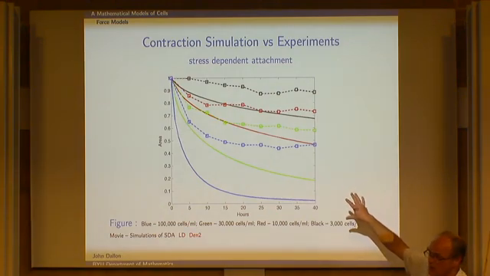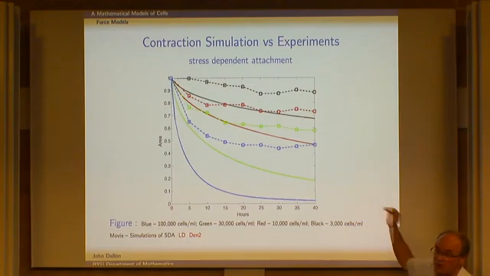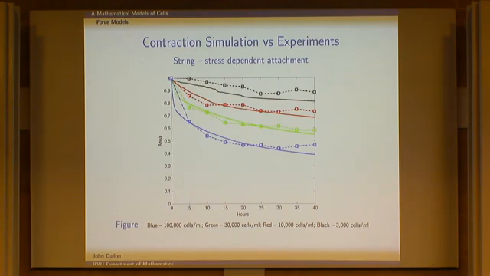Although you can make these fits better if you optimize, I'm always using the same parameter set for these pictures. If you optimize with just this mechanism, you can't fit all of them as well as you can when you have both mechanisms. The string one is less dependent on that, and this fits much better. That's because there's less connection within the strings.